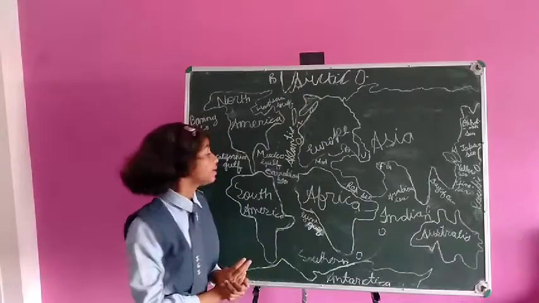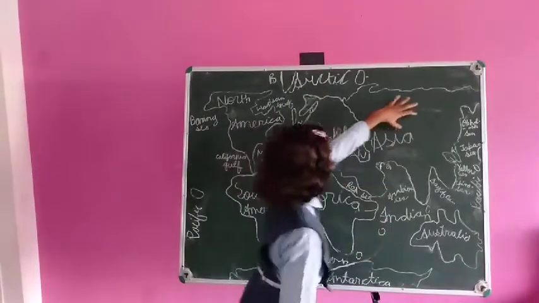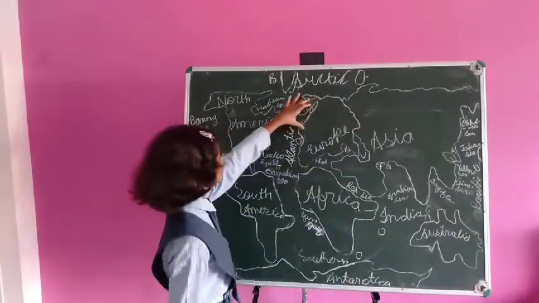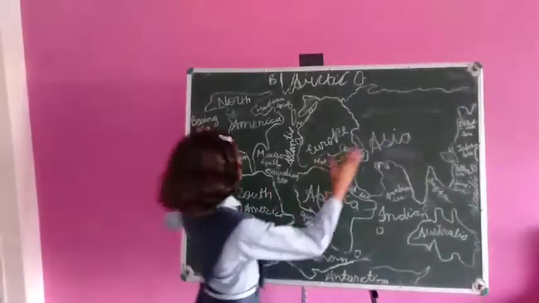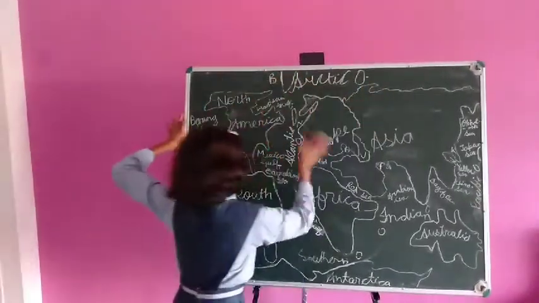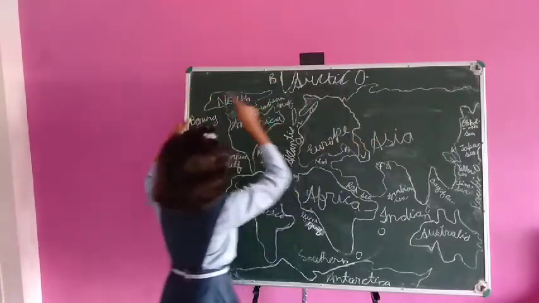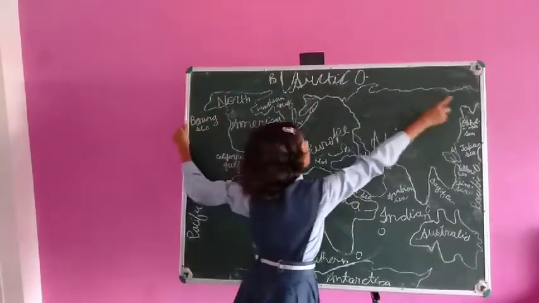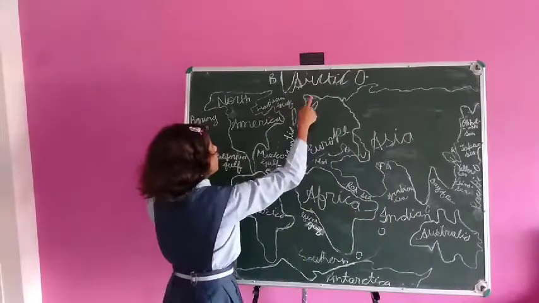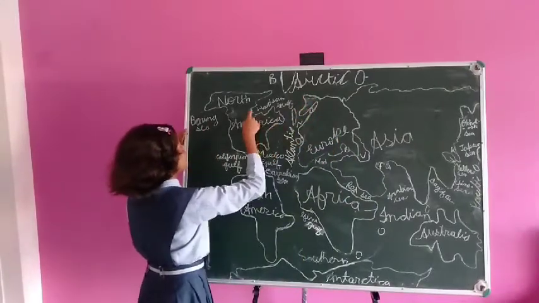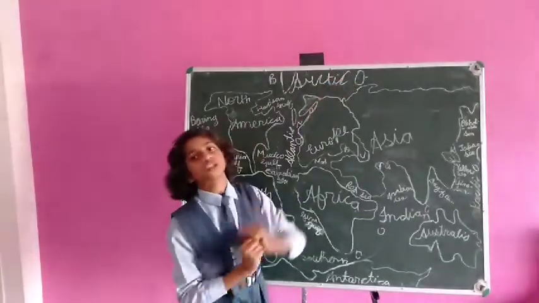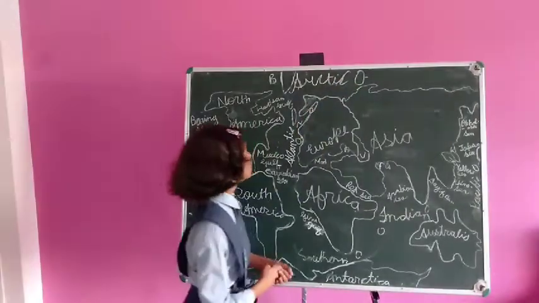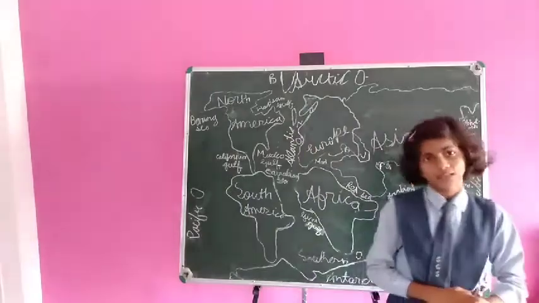You can see here, the north part of Asia, the north part of Europe, and the north part of North America surround this ocean. So this is the surrounding of this ocean.